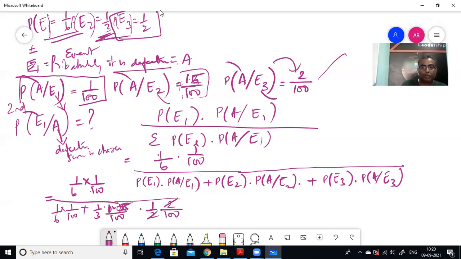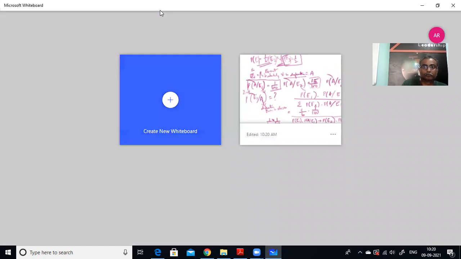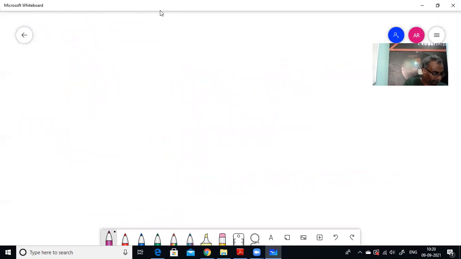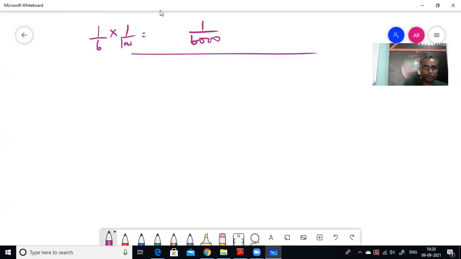Now this will be equal to 1/6 into 1/100, which is 1/6000, divided by 1/6 into 1/100, plus 1/3 into 1.5/100, plus half into 2 by 100.